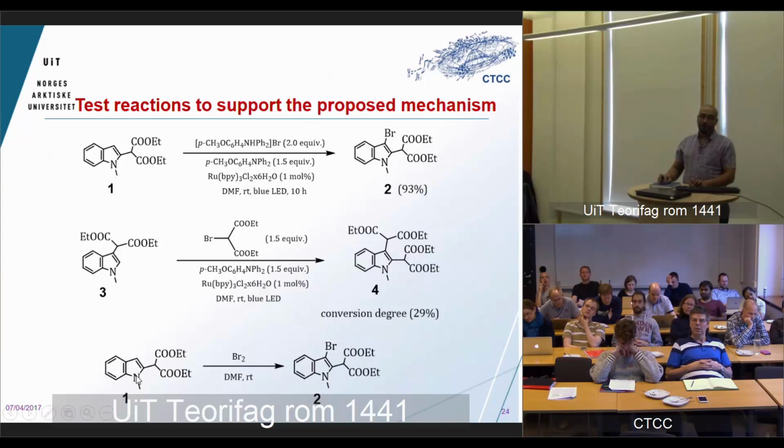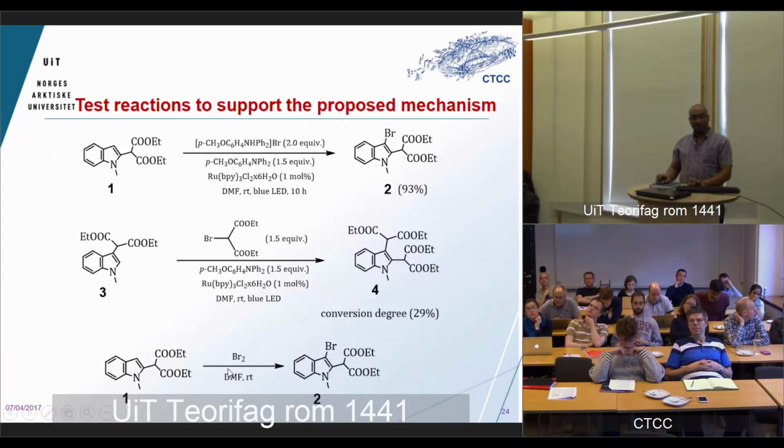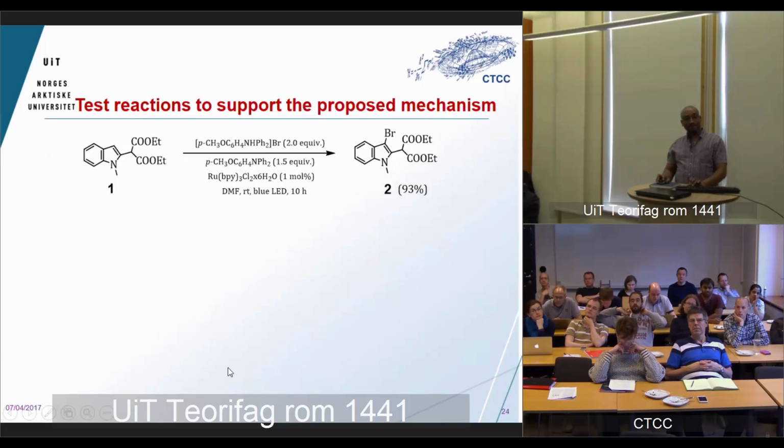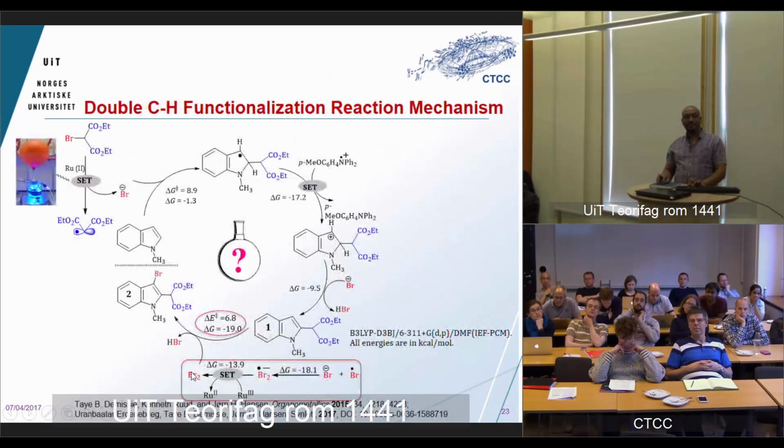We took compound 1, the C2-malonated compound, exposed it to bromine in these reaction conditions, and it works. Full conversion of 1 to 2 is taking place in this reaction condition. So this also indicates that this reaction is the one responsible for the conversion of compound 1 to compound 2.